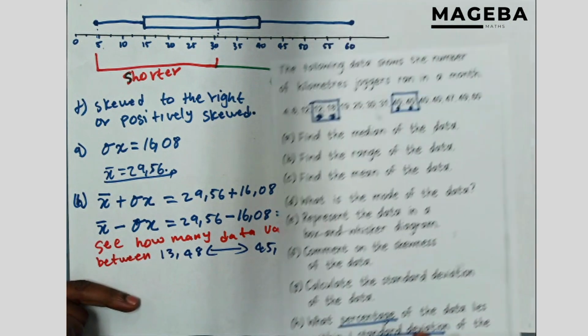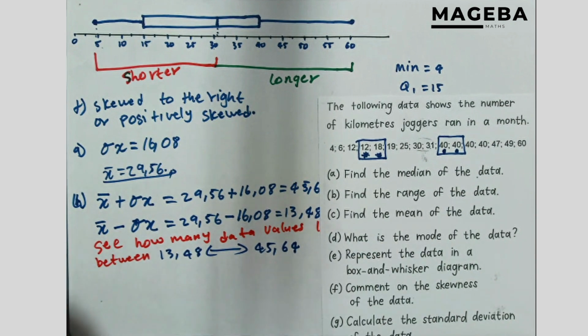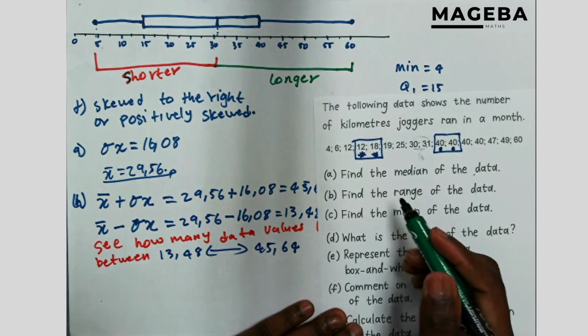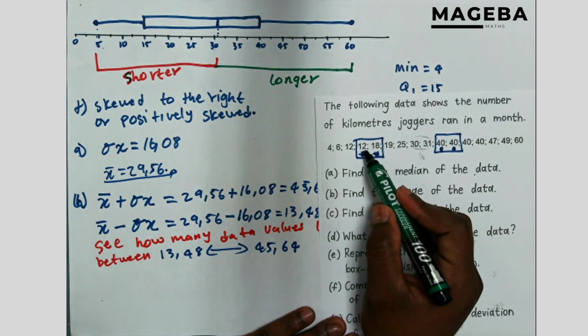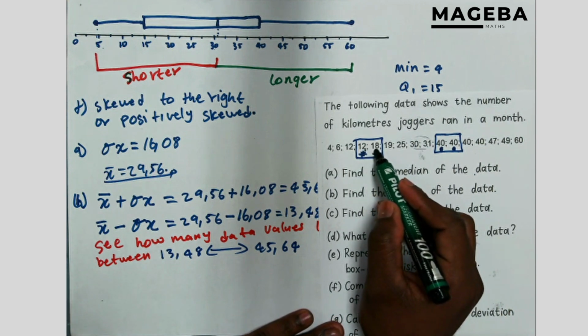Now if I go here to this data that I have, I have 13.48, so I have 12 here. That's the last number that I have before 13. So 12 is not included, so I'm gonna start at 18.